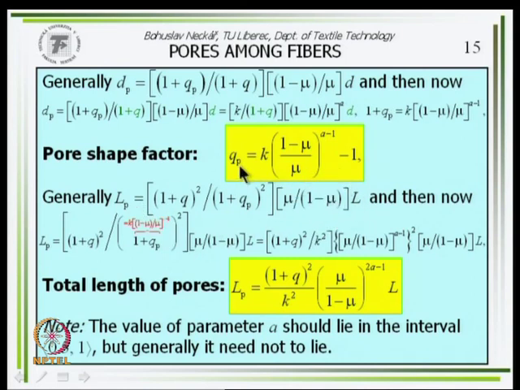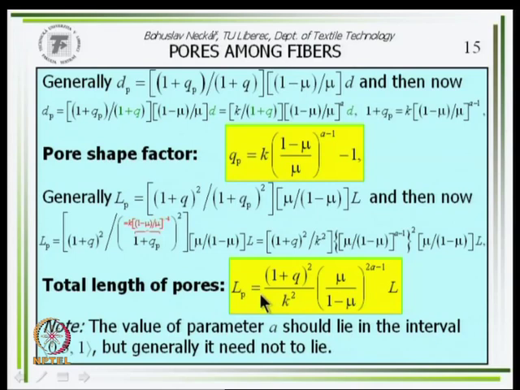Using QP from this expression, we obtain for LP this expression, and after rearranging this here. It's only mathematical rearranging, nothing more. Very easy. It is rearranging which you used in your high school before university. Well, so we have a formula for the total length of pores 2.